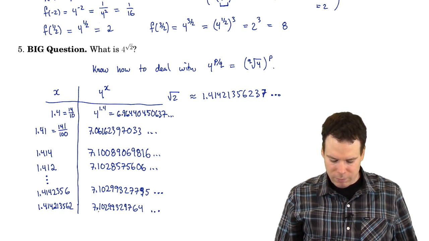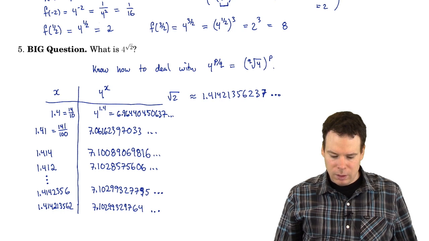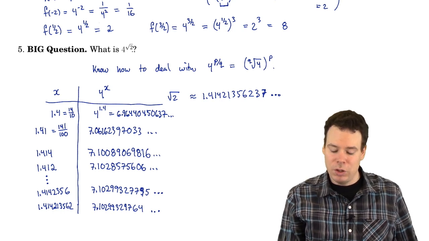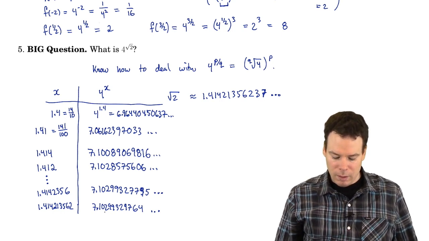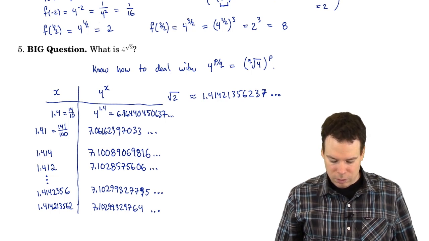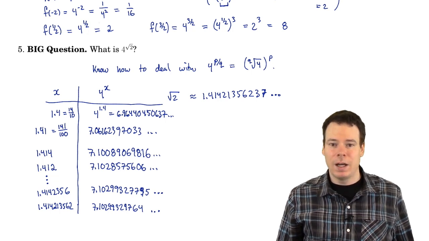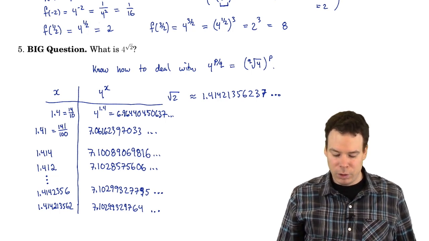So this last one, 7.1029932, matches the one above it, but then they differ in the next decimal place. So if I want to know what an approximation of 4 to the square root of 2 is, then I essentially have an approximation here. I know it to 1, 2, 3, 4, 5, 6. Can I trust the decimal place of 2? Maybe, maybe not. So maybe I have 6 decimal places here as an approximation.